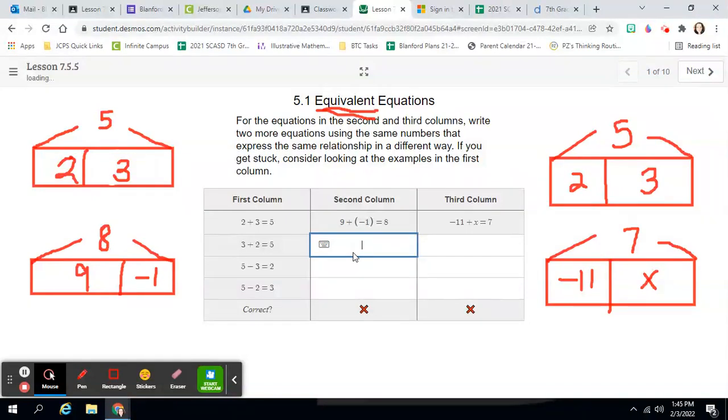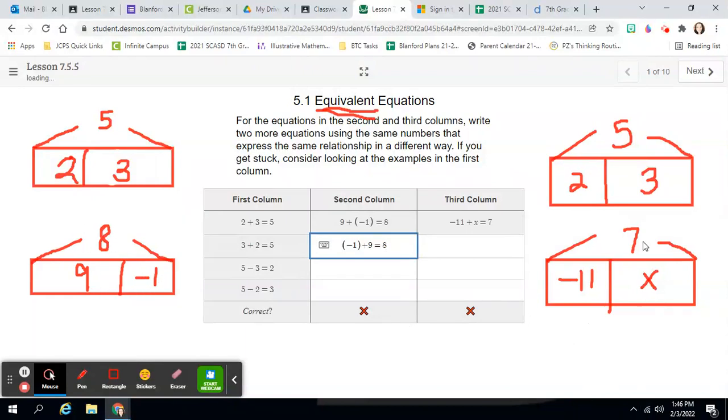So negative 1 plus 9 equals 8. Okay? And we know that that's true, right? Because if we had 9 puffs of air in a hot air balloon, we'd go up to 9. And then if we added 1 sandbag, we would go down to 8. So 9 plus negative 1 is 8, or negative 1 plus 9 is 8.